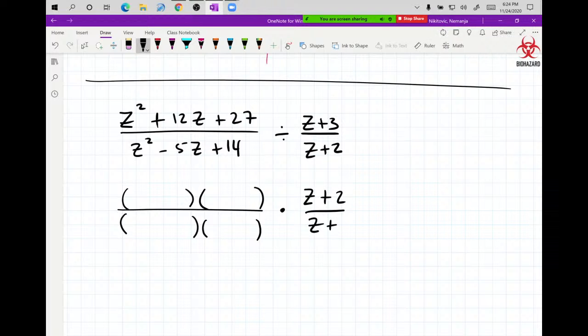So factors of 27 are 1 and 27 and 3 and 9, and nothing else works. And factors of 14 are 1 and 14 and 2 and 7. So who can tell me what I could use to break these apart?